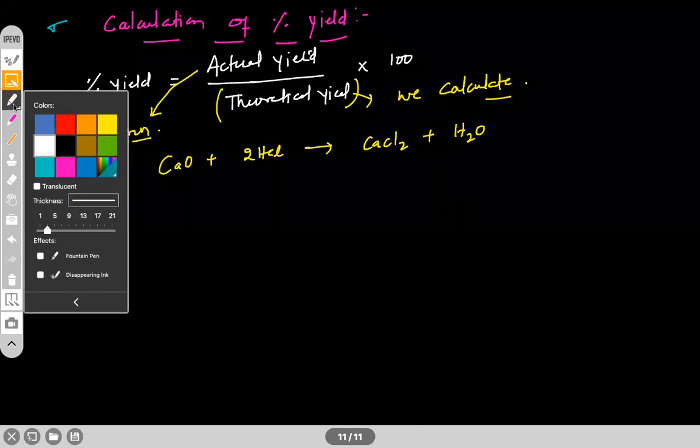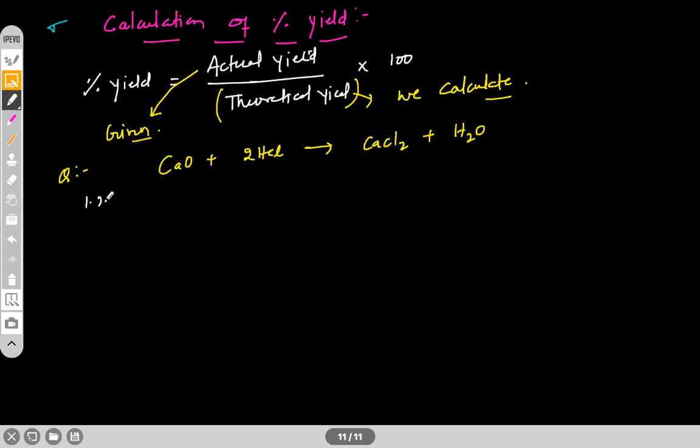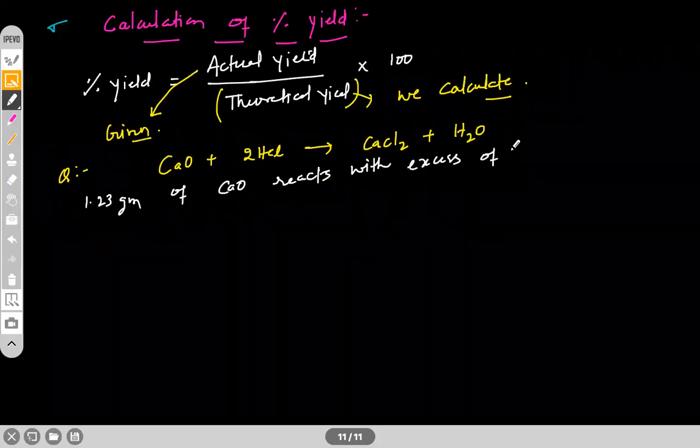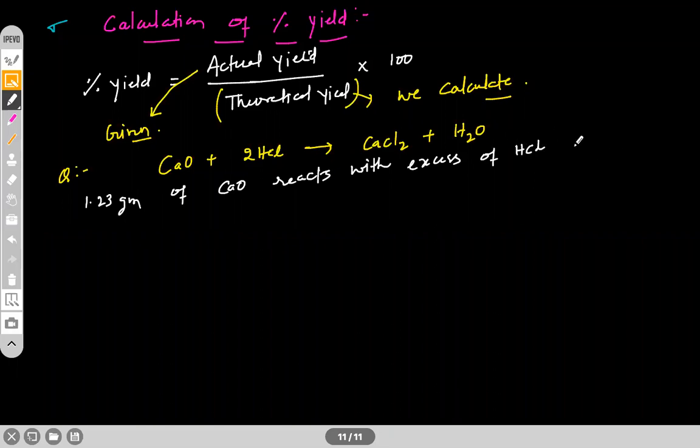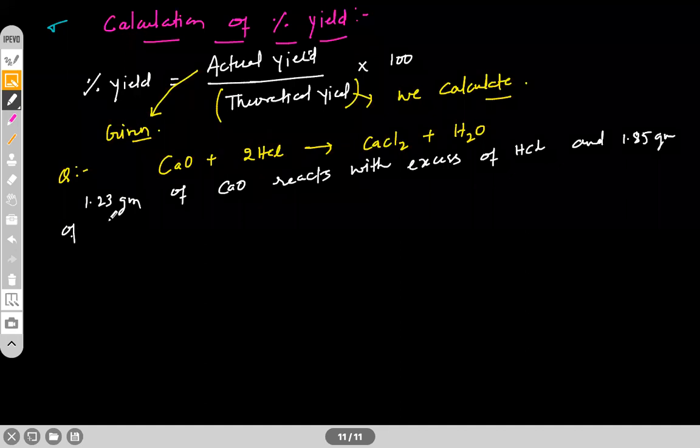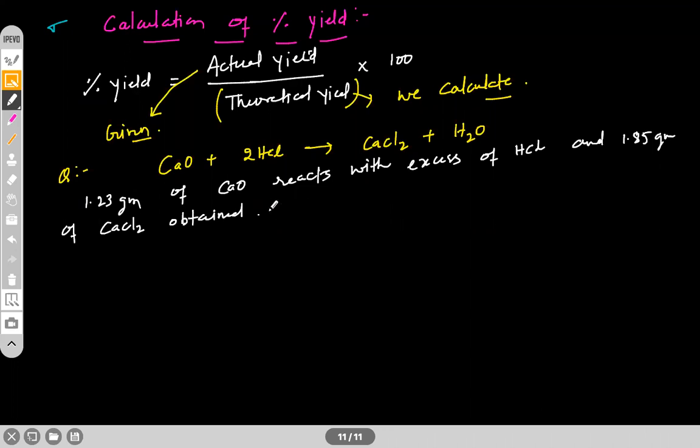The question is: 1.23 gram of CaO reacts with excess of HCl, and 1.85 gram of CaCl2 is obtained. Calculate the percentage yield of this.